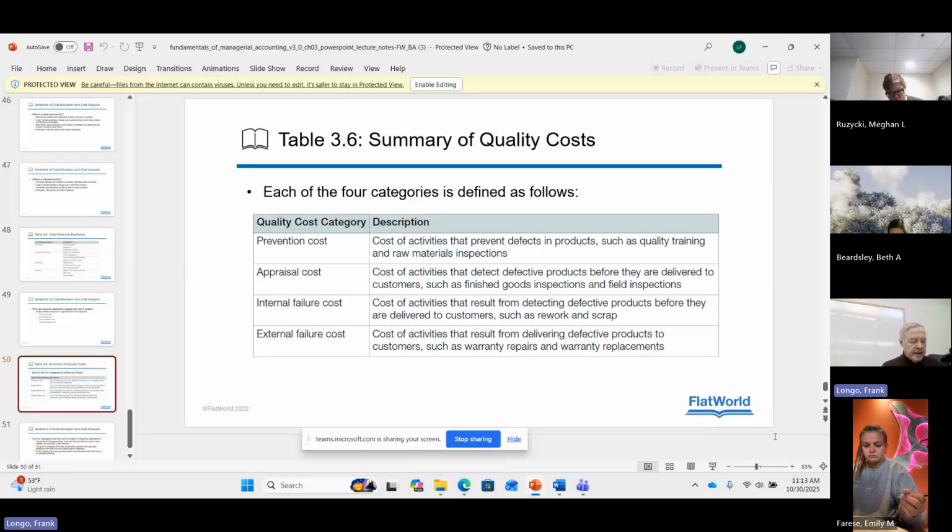And what I mean by that is the gravity of the problem means how big is that problem? And then three, the cost associated with analysis and implementation.